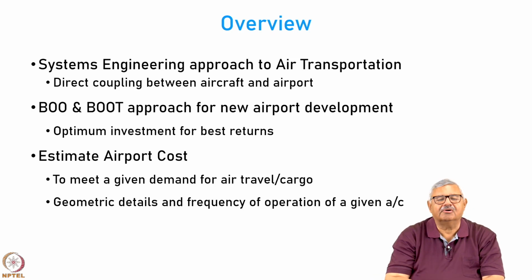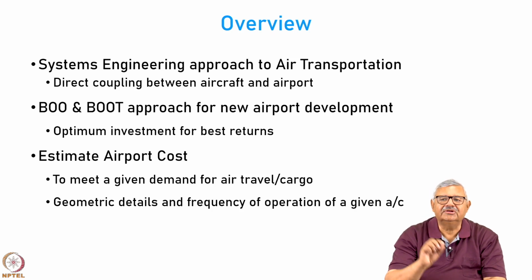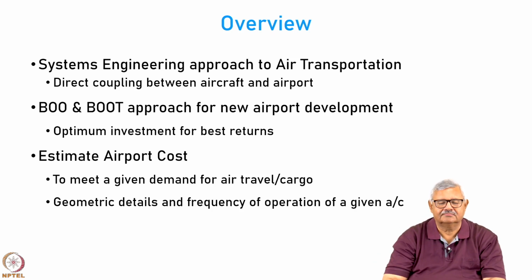To estimate the operating cost of the airport, we are going to look at the geometrical details and the frequency of operation of a given aircraft. Normally airports operate multiple types of aircraft, but in this case we are saying, there is no market right now, we are just developing the market. So initially we will operate only one aircraft type.